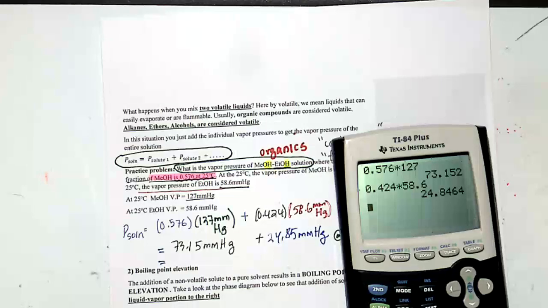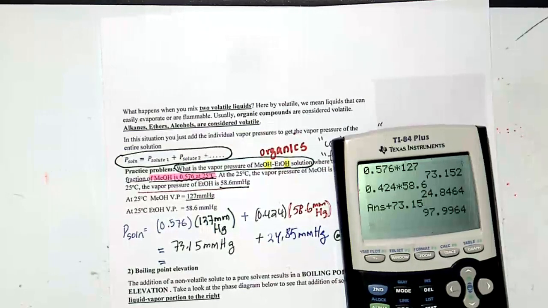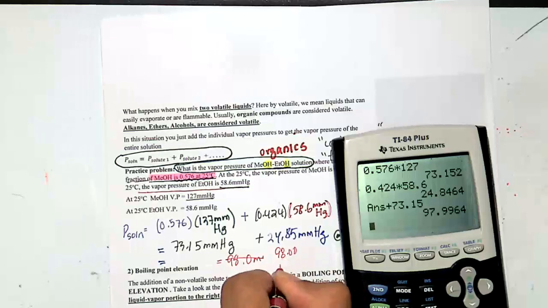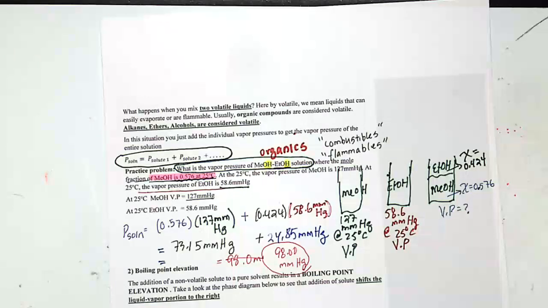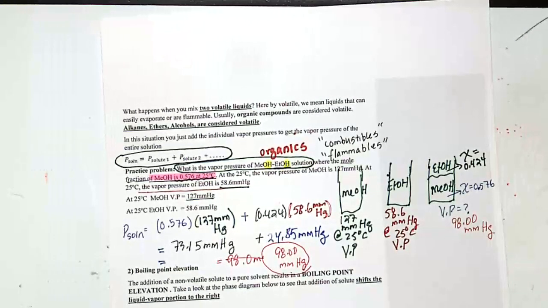And what is this on our calculator? 24.85 plus 73.15, 98.00 is the total. All right, this is our answer.